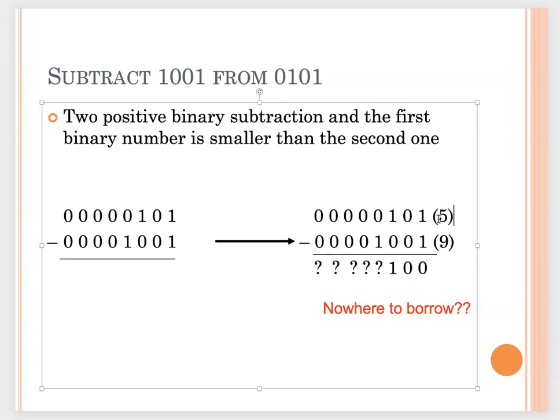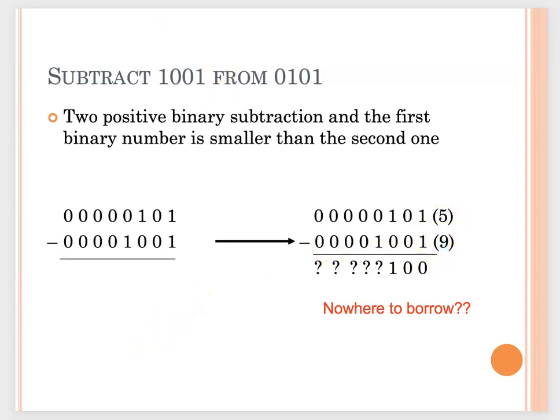When you subtract two numbers, if the first number is smaller than the second number, in binary we don't know how to borrow. Actually, in the real world, you also don't know how to do 5 minus 9, right? How do you do 5 minus 9 in the real world? You cannot do 5 minus 9 directly.